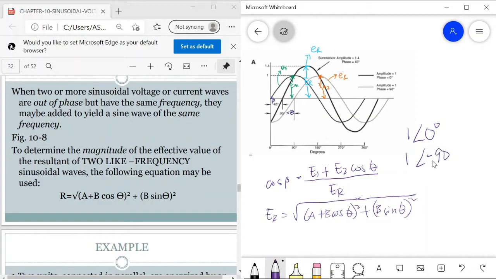If we add this 1 angle 0 plus 1 angle negative 90, you will end up getting square root of 2 angle negative 45.